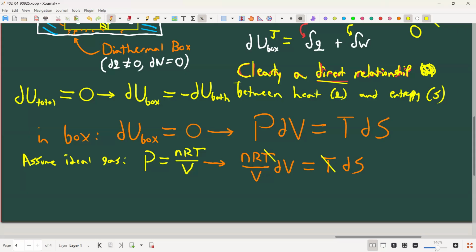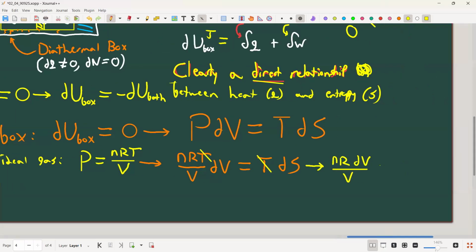And so what do we have? Well, if I rewrite this just a little bit, I have nR dV over V is equal to dS. Now I have on both sides of the equation a small little exact differential, right?